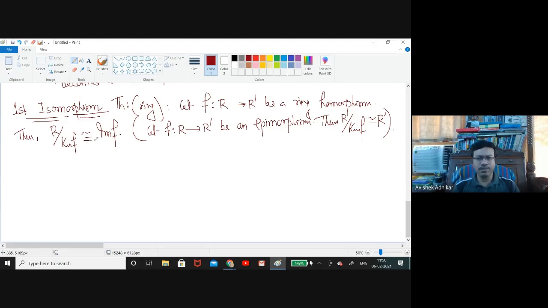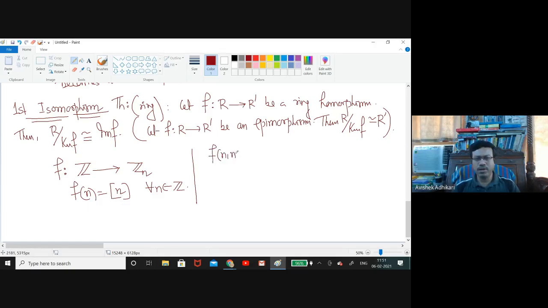Okay, so I'm not going to the proof of this theorem, but for many competitive exam problems, this theorem plays an important role. Just for an example, let us try to have an example here. Suppose I define a mapping from Z to Zn by f of n goes to class of n. You know what class of n means, for all n belonging to Z. Let's see whether this is a ring homomorphism or not.